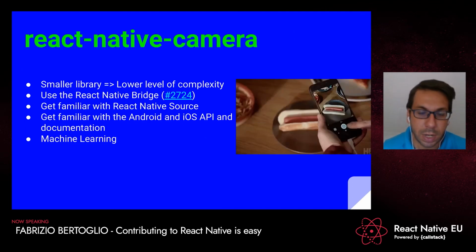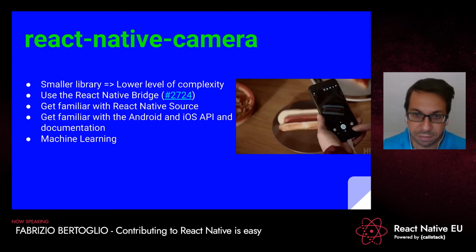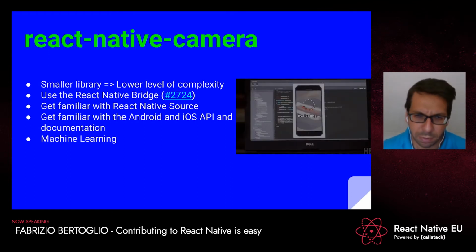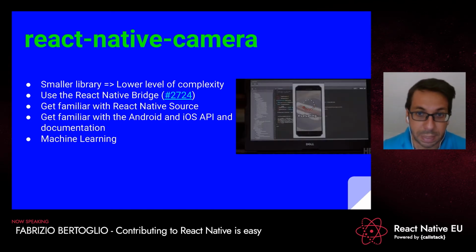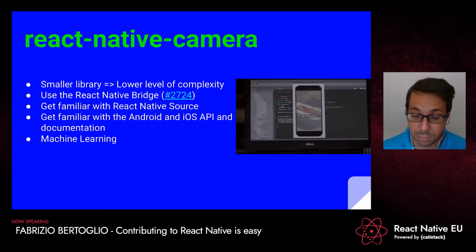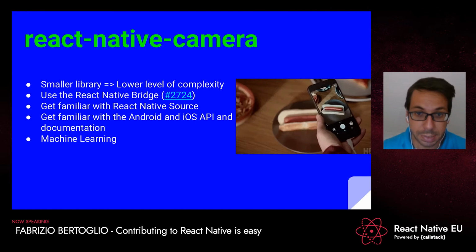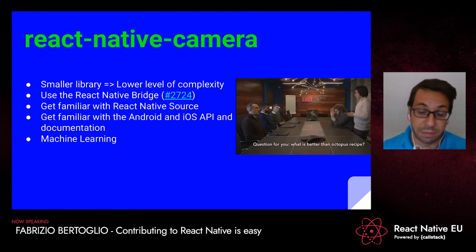A good way to start with React Native is starting with a native library, which will be easier than contributing to React Native itself. An example here is React Native Camera; I started by contributing to React Native Camera before React Native.